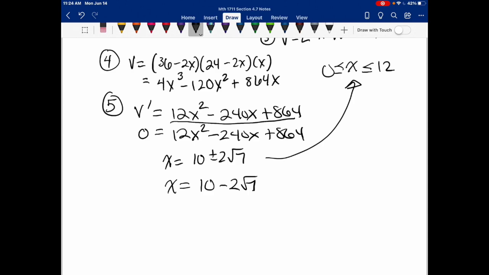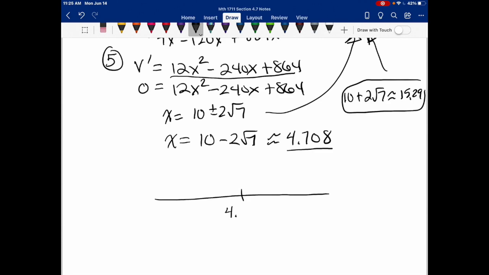And then when we put that in decimal form, just to get an idea of what that is, 10 minus 2 square roots of 7 is going to be approximately 4.708 if we round to 3 places. Just to give us an idea of what that looks like.